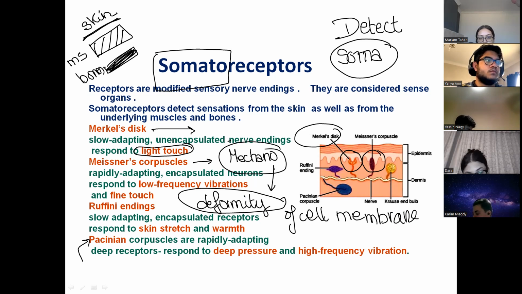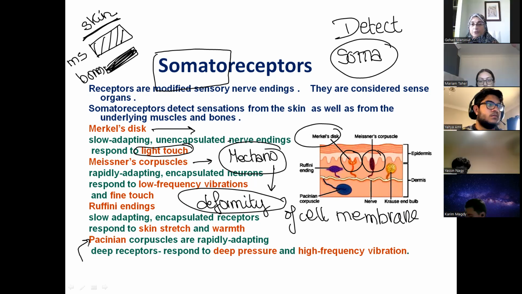You got my point? Meissner's corpuscles are rapidly adapting. What does that mean? It means that the duration of being stimulated is shorter. But when I say it is more sensitive, it means it can detect minor intensity stimuli. If you apply a very weak stimulus they can detect it.